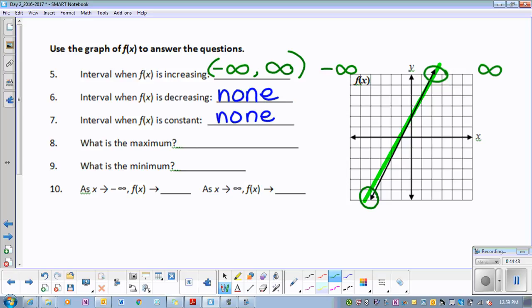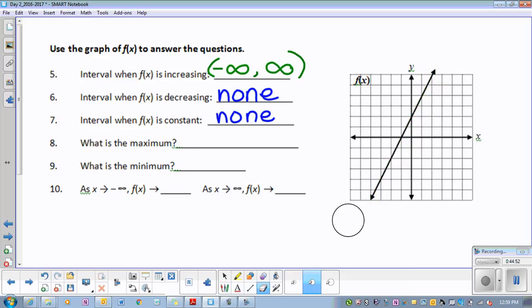Okay, so the next part asks, what is the maximum? All right, so you know how I was saying the maximum and the minimum, you have to think of it as down in the valley or up on top of the mountain. You have to, because the infinity and negative infinity, those don't count. That's why it has to be like a mountain. It has to curve around, okay?